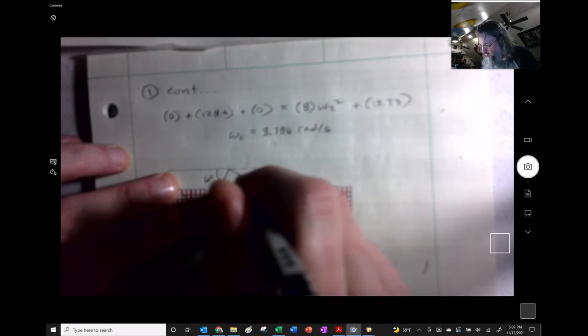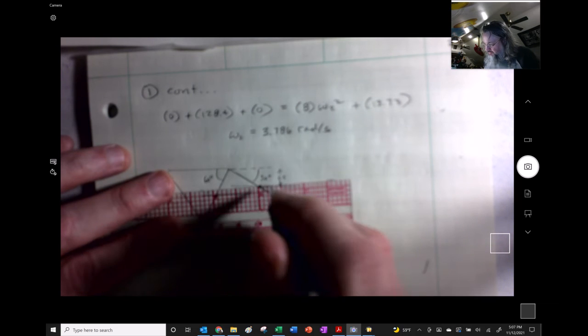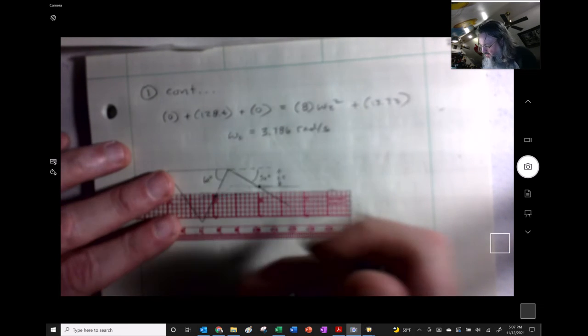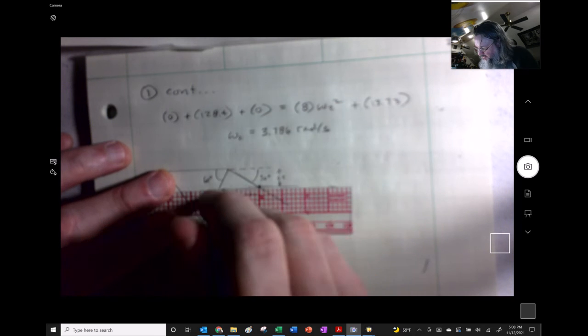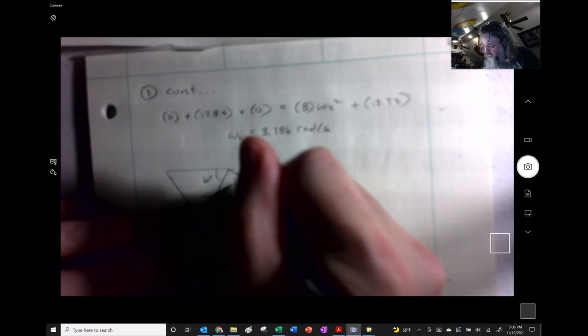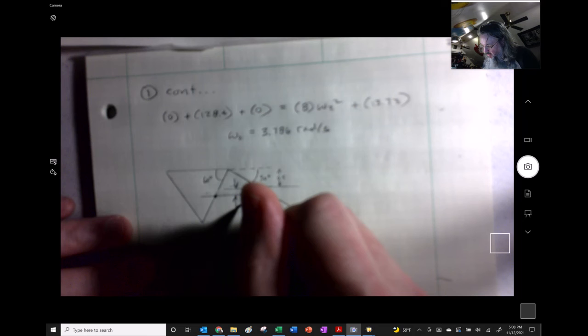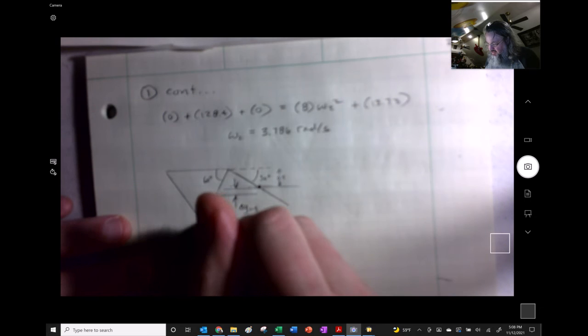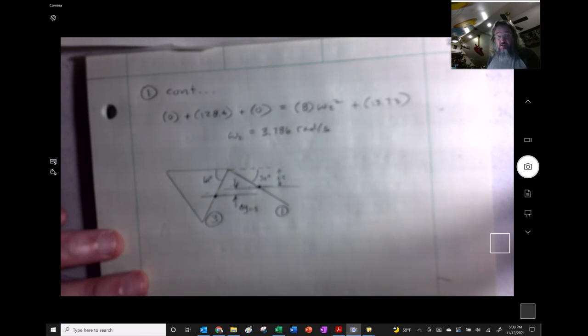Now this time, sorry about that. All right, here is going to be delta y from 1 to 3, right? Because this is going to be state 3. This was still state 1.